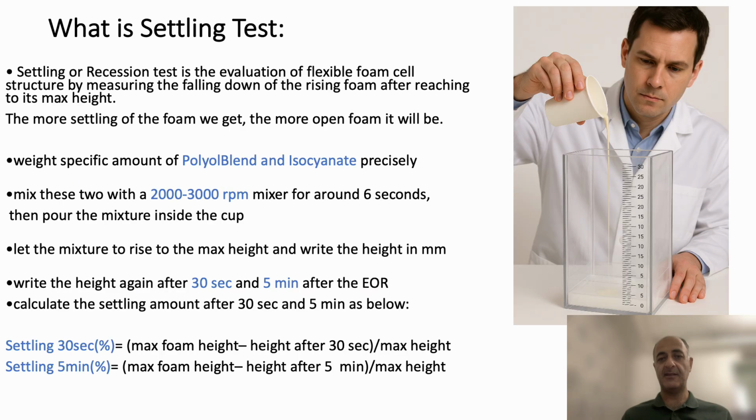So what is the settling test? The settling or recession test is the evaluation of the flexible foam cell structure by measuring the falling down of the rising foam after reaching its maximum height. So when the foam is rising, finally it reaches its maximum height at a point, at a time which is called end of rise time.